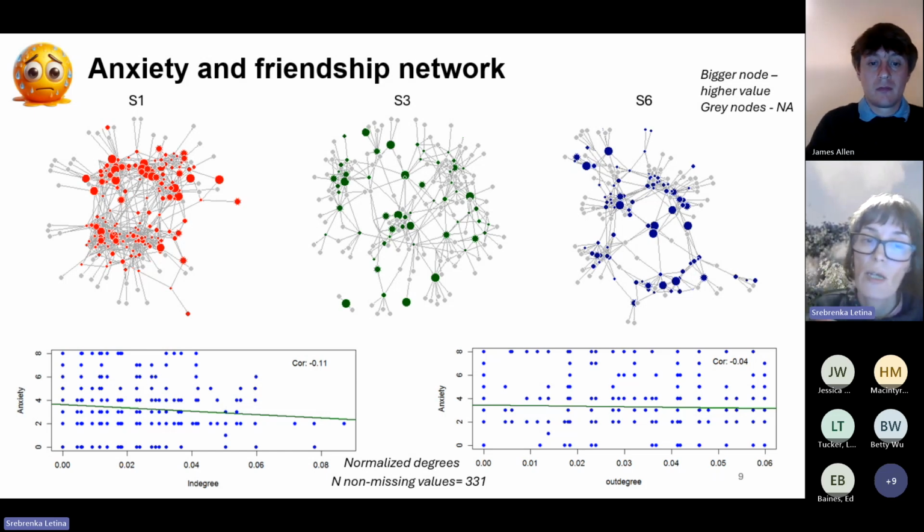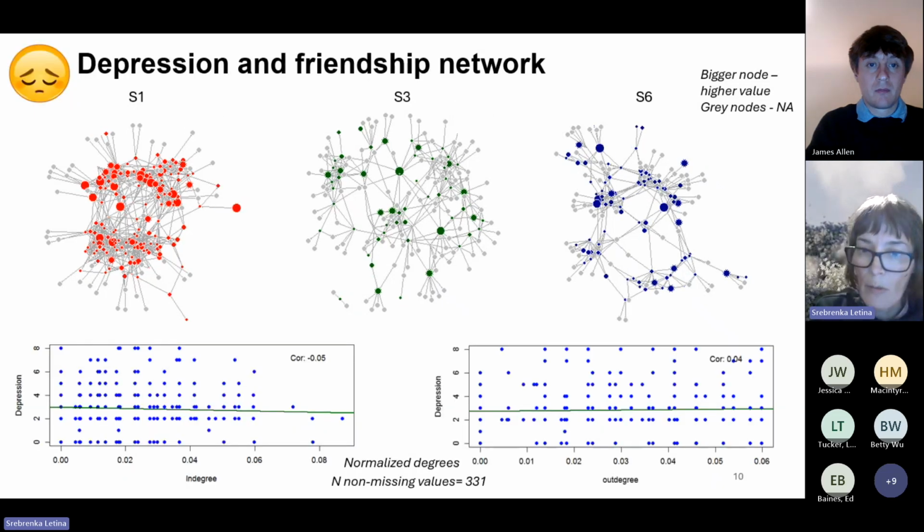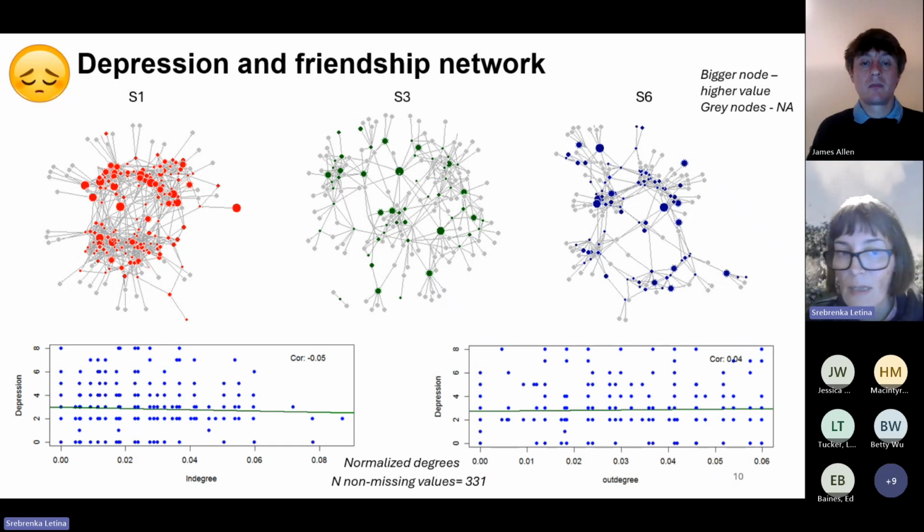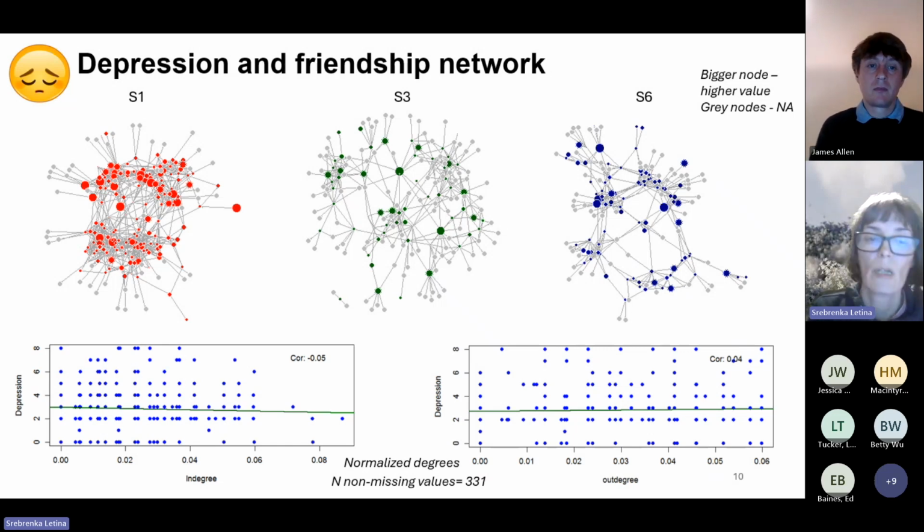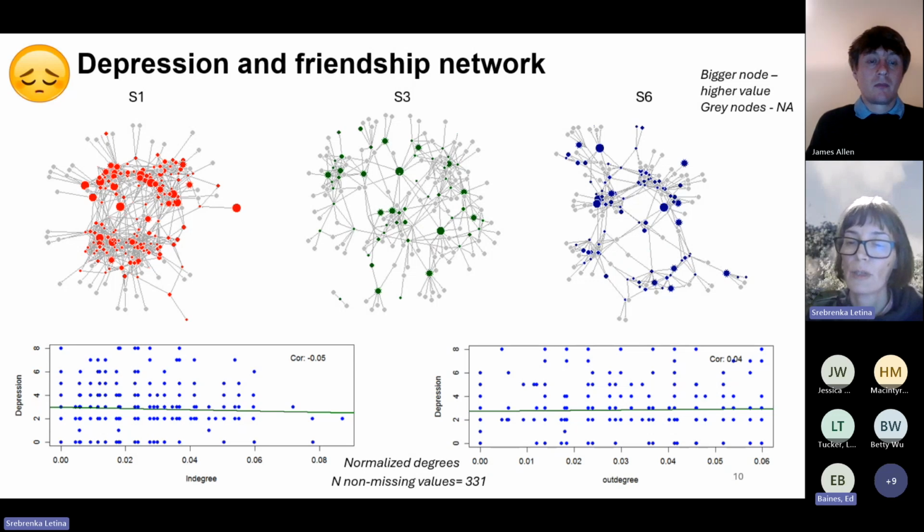The more anxious students were, the less likely they were to be nominated as somebody's friend, and also they are less likely to nominate other people as friends. And for depression, again, we can see that there is not a strong correlation, and it's negative for depression, smaller in degree, so you are less likely to be nominated as a friend, and slightly higher out degree.